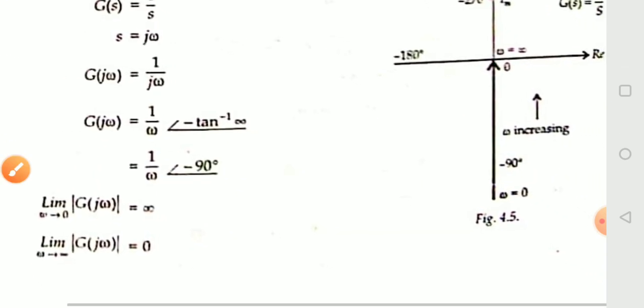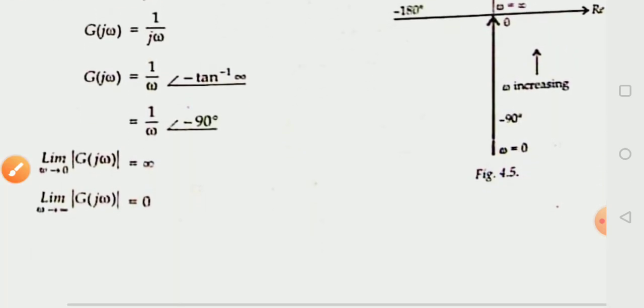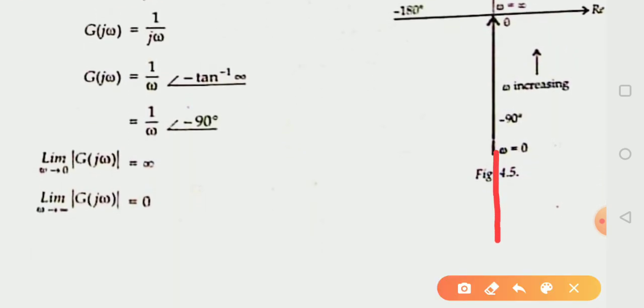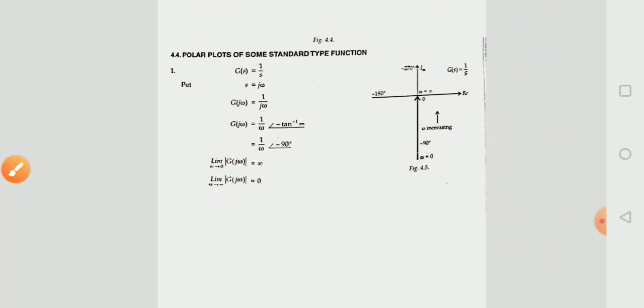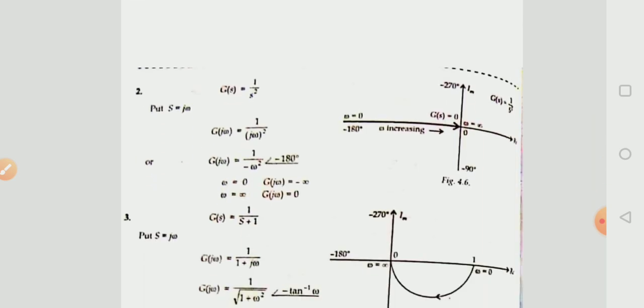We don't know the value of omega, so we can make this as long as we want. At omega equal to infinity the magnitude is 0, so this touches the real axis at 0. So this is the polar plot for the first function. These are standard types of functions.